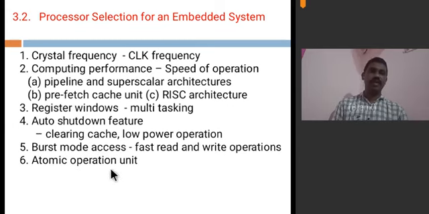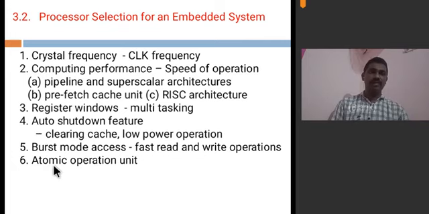Next, atomic operation unit. Here, atomic operation unit indicates that in many applications, shared memory is accessed by different peripherals or different processors. That means different processors or different peripherals will use the same memory.